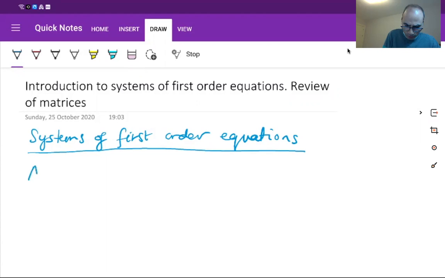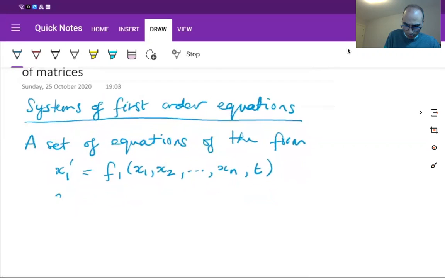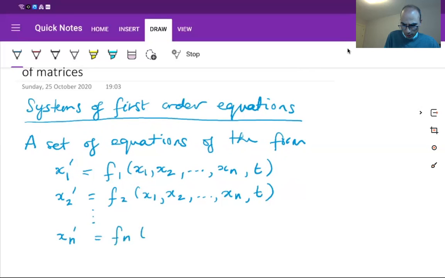So a set of equations of the form x1 prime is equal to f1 of x1, x2 to xn and t. x2 prime is in a similar way f2 of x1, x2 to xn, t, and so on up to xn prime is equal to fn of x1, x2 to xn, t.